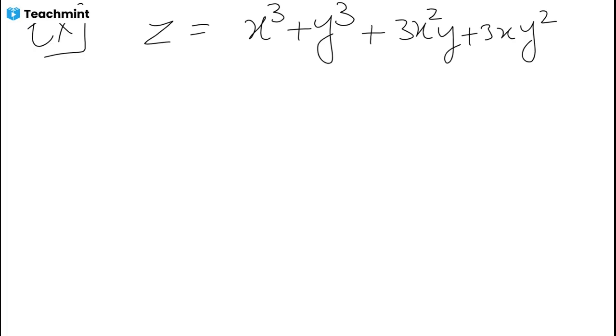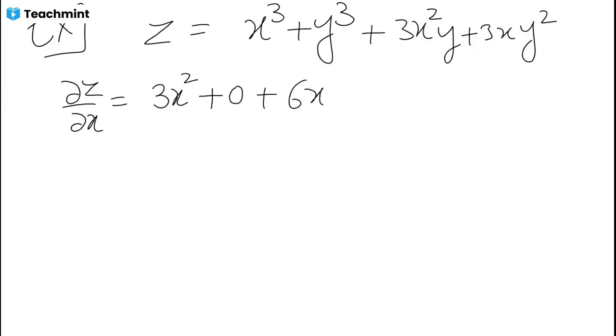So let us do first order with respect to x as well as with respect to y. Del z over del x will be 3x square plus 0 plus 6xy plus 3y square.